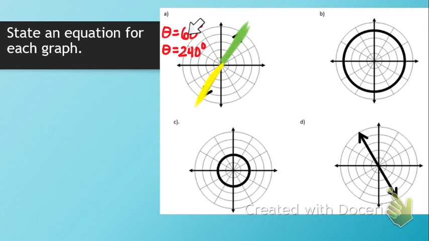So take 60 minus 360 if you need to use a calculator. 60 minus 360 will give you theta equals negative 300. And you could also do 240 minus 360, which will give you theta equals negative 120. So again, that's 4 different ways to name that.